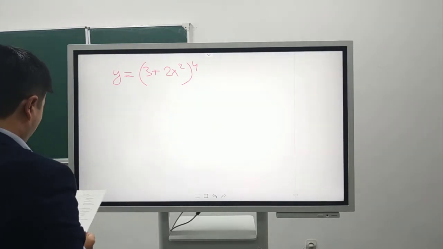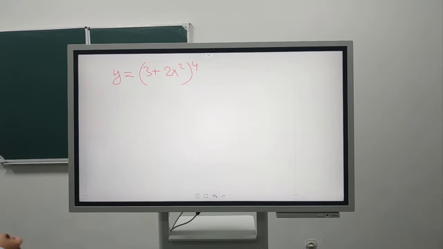Here we have the rule for composite functions.